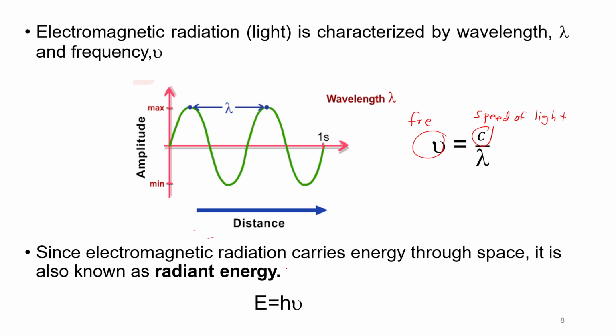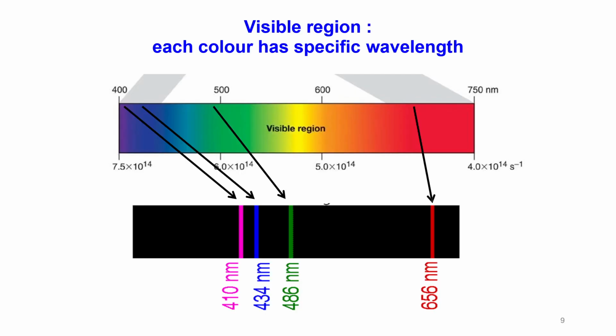And we can calculate energy, E, by multiplying frequency and a constant, h, known as Planck constant. Because of this visible region, we can see light in different color, because light in certain color has its certain wavelength.